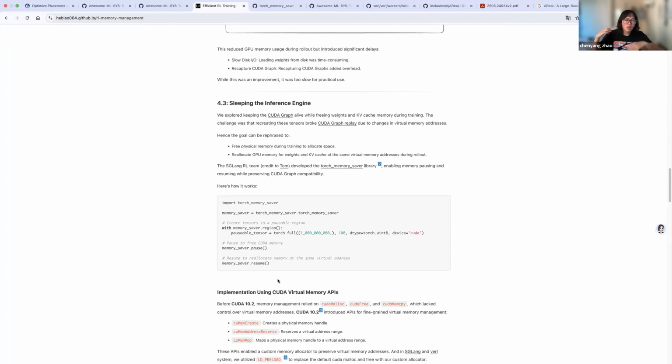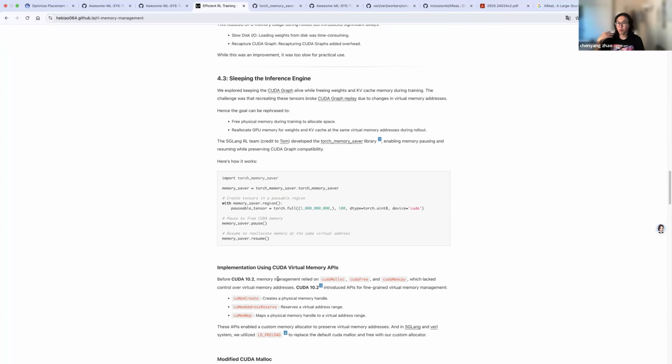Sorry, this time when we are using resume, we acquire the CUDA driver to give us a new physical GPU place. So remember that each time our actual physical GPU, our physical VRAM, is being changed, but our virtual address is being kept. And the good thing is that we know that CUDA graph is built on the virtual address.